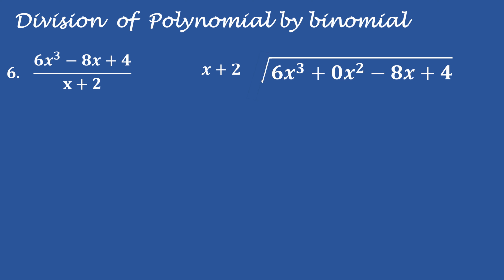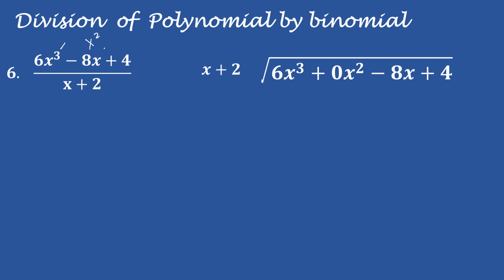But you have to see to it, another thing that you need to check: if we have a 3, it should be followed by a 2. But there's no exponent of 2, in other words, there's no x squared.